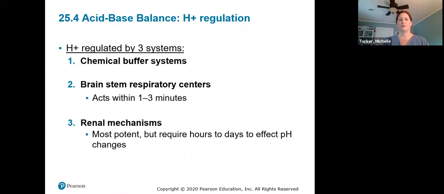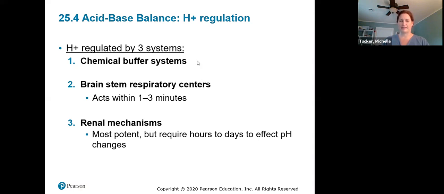So how do we regulate hydrogen ions? How do we maintain acid-base balance? Hydrogen ions are regulated by 3 systems: chemical buffer systems, respiratory centers, and renal mechanisms. Chemical buffer systems are the fastest.